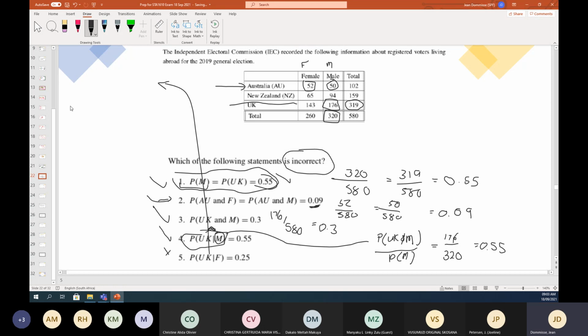So again, the same: probability of UK and female divided by the probability of female. So that is UK and female, not UK and male.